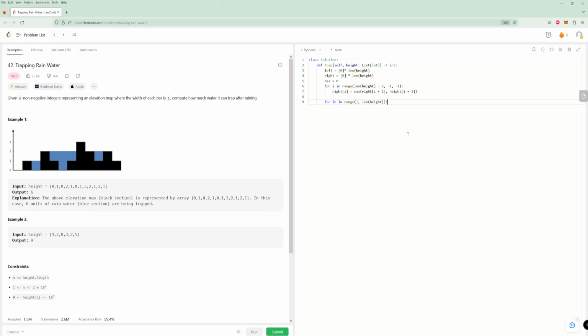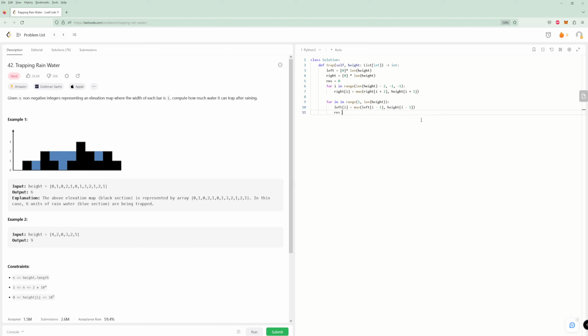So now let's populate the left, and then let's get the res. Left I equals max, same thing, left I minus 1 and height I minus 1. So it's anything to the left of the previous height and the previous height itself, whichever is going to be the taller one.